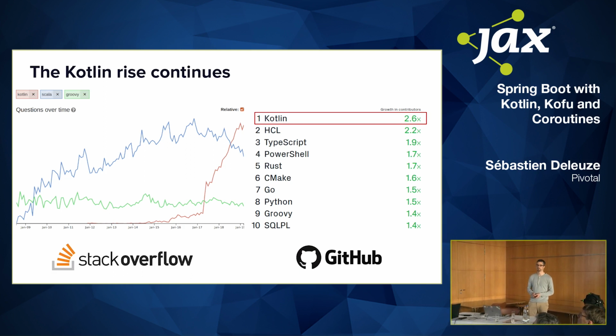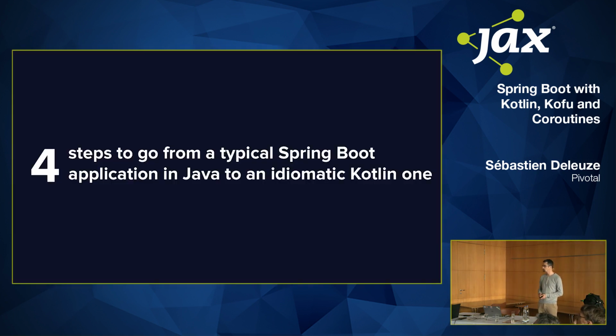I think they expect 4 million Android Kotlin developers at the end of the year. But this big amount of Kotlin developers also impacts the server side, and I think we are going to see more and more usage of Kotlin on the server side, and I try to make that first-class support on the Spring side.